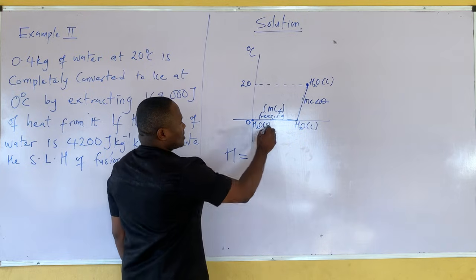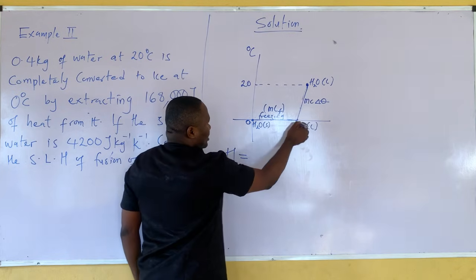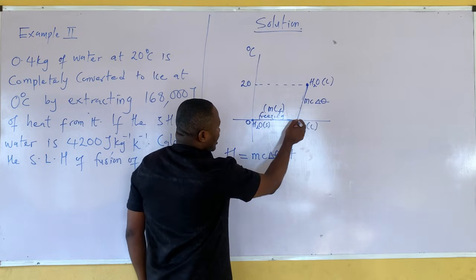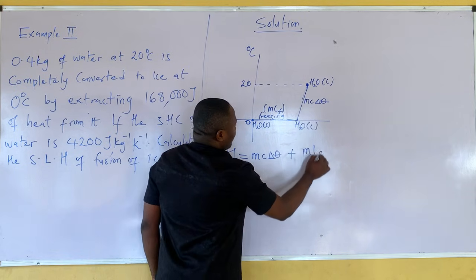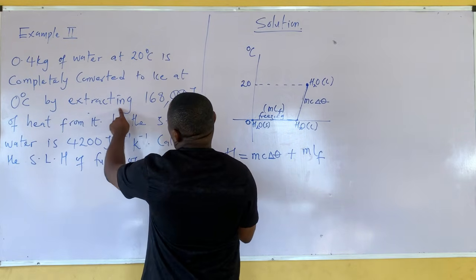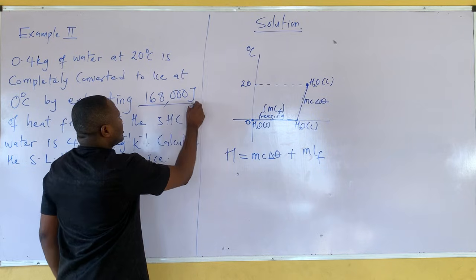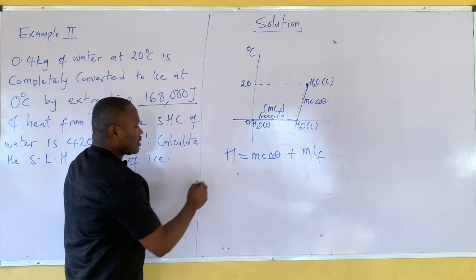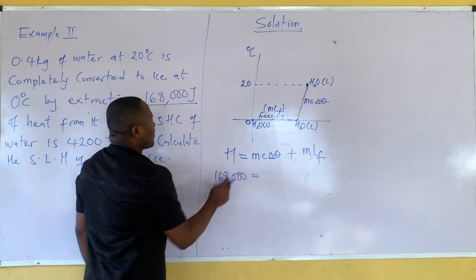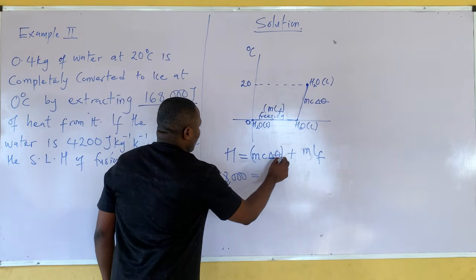Our total heat is now equal to here to here first, which is mc change in theta, plus here to here, which is now mL_f. Now, what is the heat extracted? The heat extracted is 168,000. So 168,000 is equal to what is the mass? This is the mass of water.